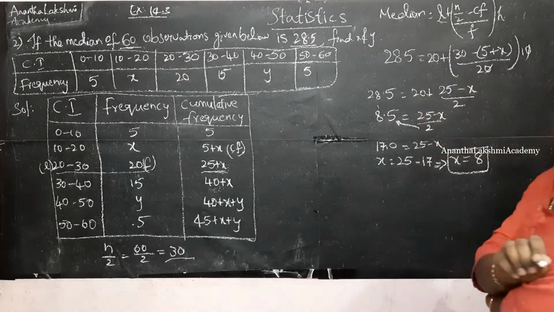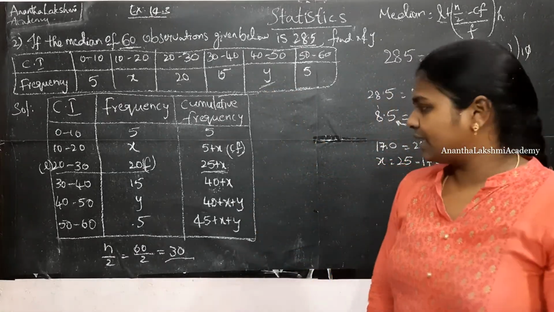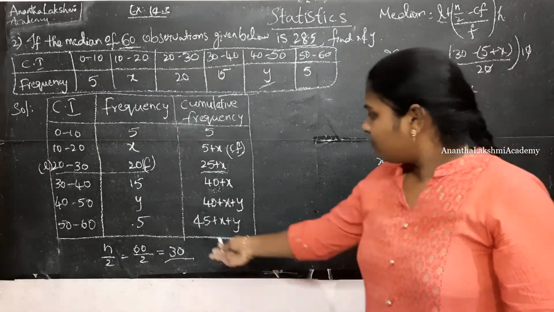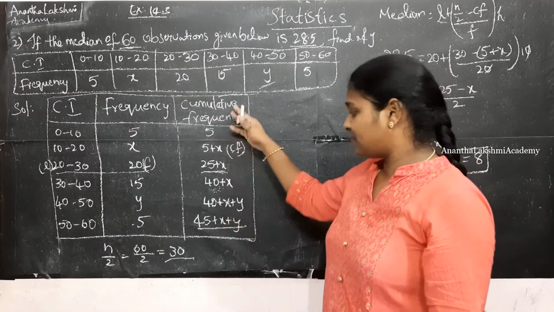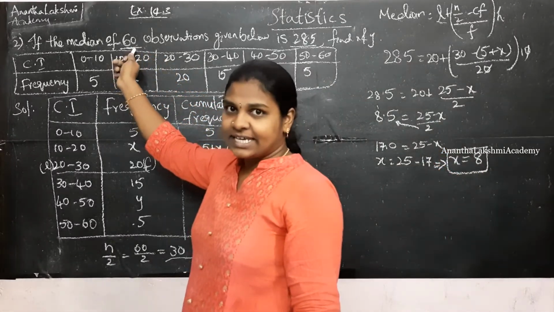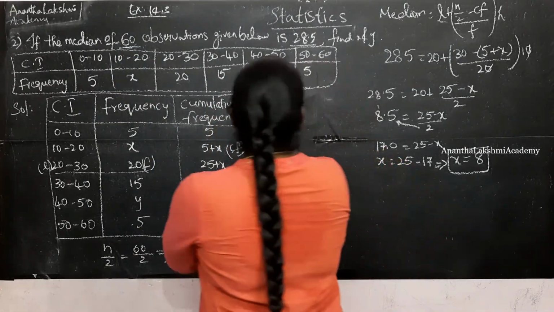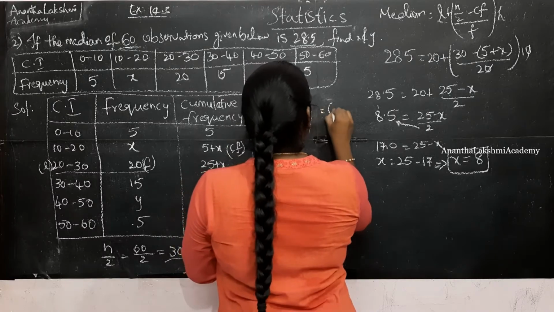Now that we got the value of X, we have to figure out one more value, which is Y. How do we figure out Y? We have 45 plus X plus Y, which is nothing but the sum of the frequencies. But it is said that the sum of the frequencies is 60. So let us equate them. So 45 plus X plus Y is equal to 60.